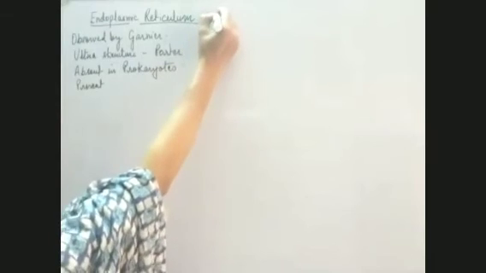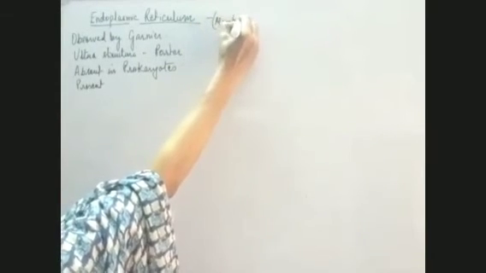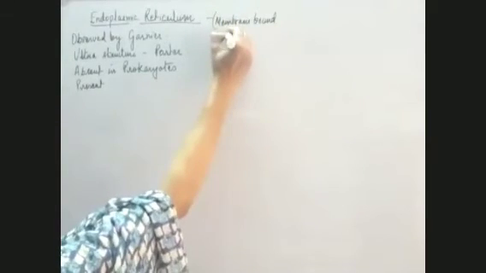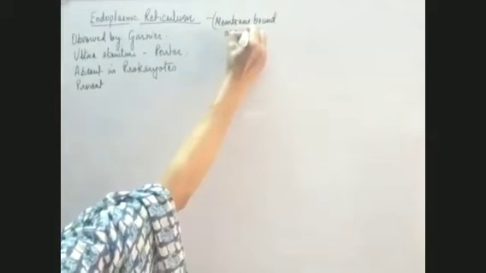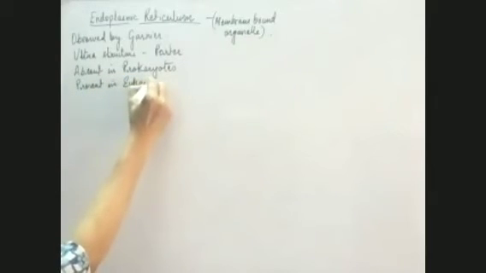This is a membrane bound organelle. I'll write here so that you understand it. Membrane bound organelle, present in eukaryotes. Now, is it present in all the eukaryotic cells?